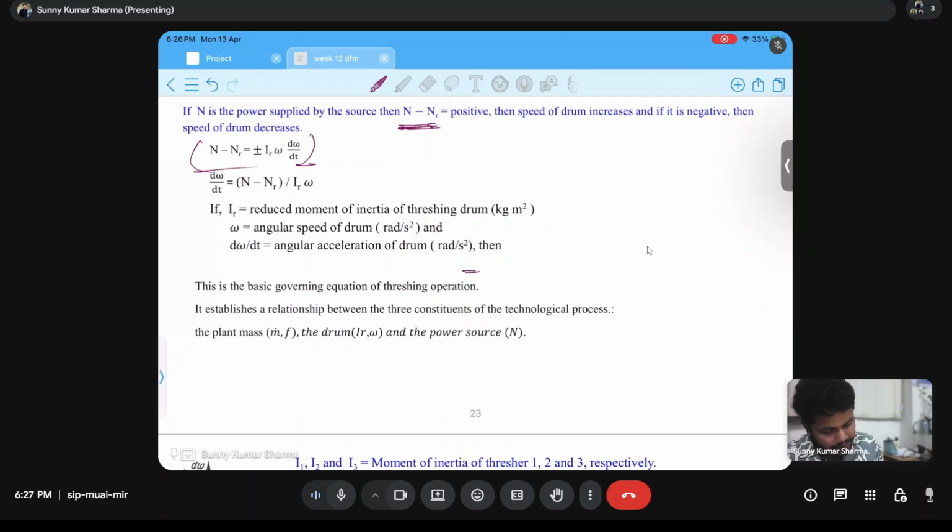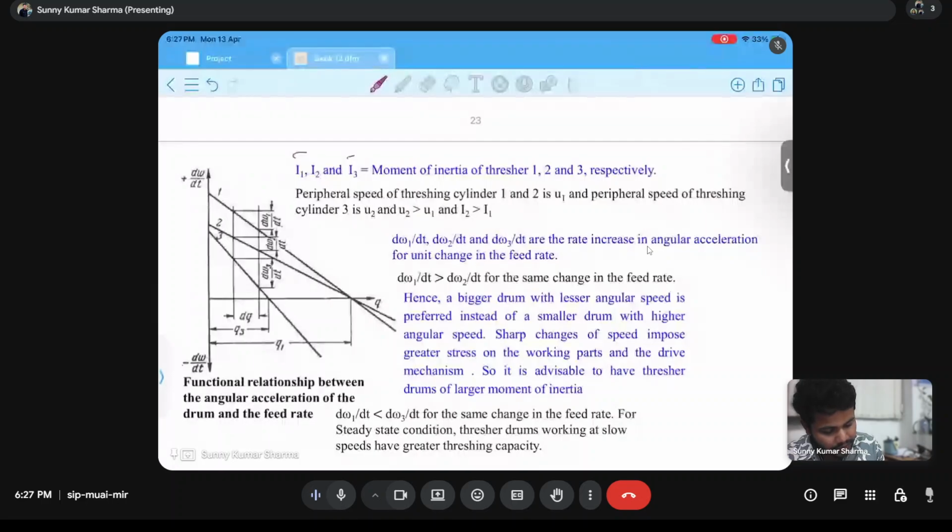So it was found in the experiment that I1, I2 and I3 are the three threshers where I1 and I2 both have the same velocity u1, and I3 has velocity u2.